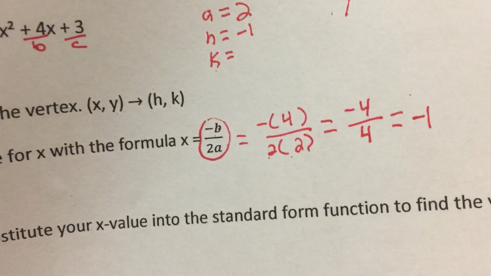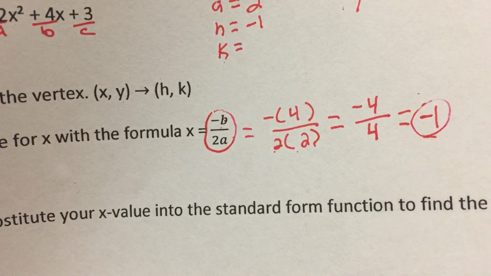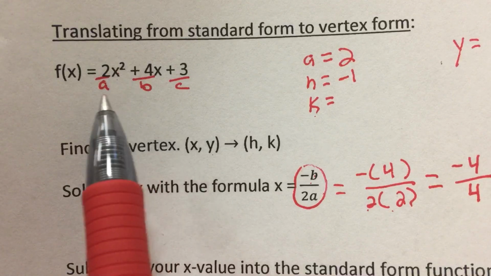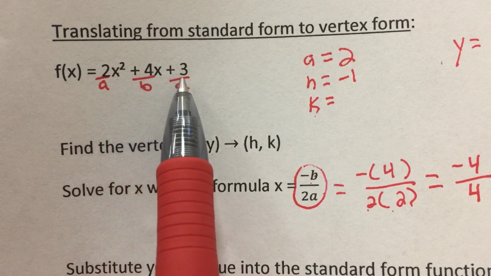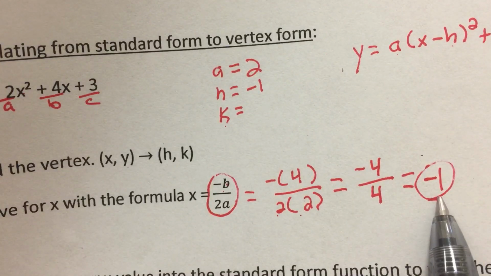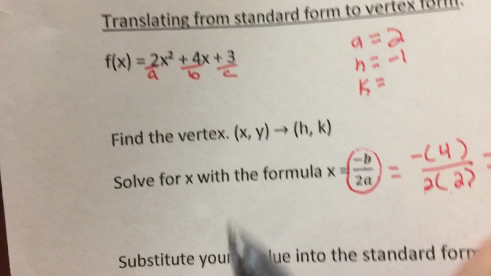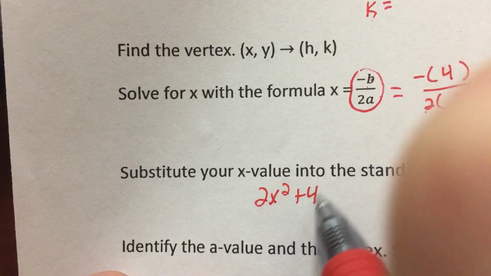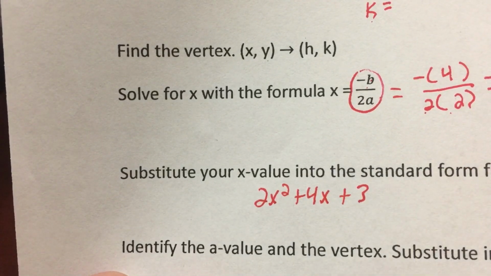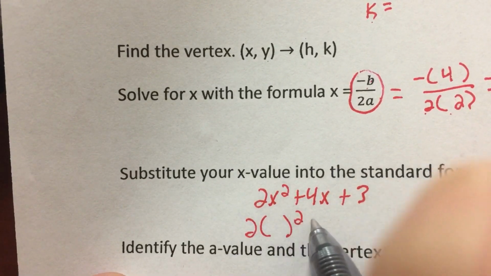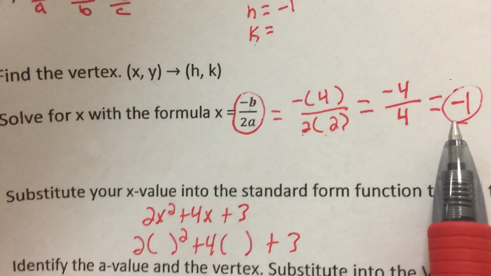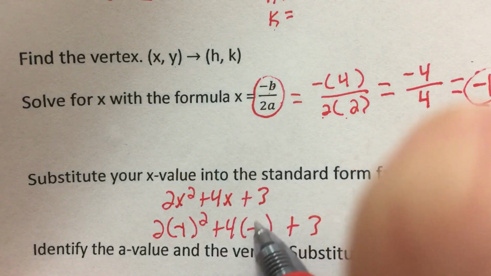K, the last number, is going to require us to take this answer we just came up with and plug it in for x in the original equation. So 2x squared plus 4x plus 3, we're going to replace x with negative 1. I'm going to replace each one of those x's with the number we just found, which was negative 1.